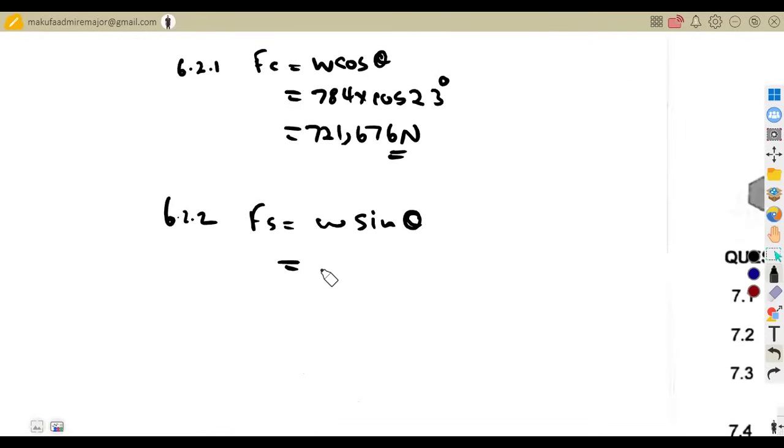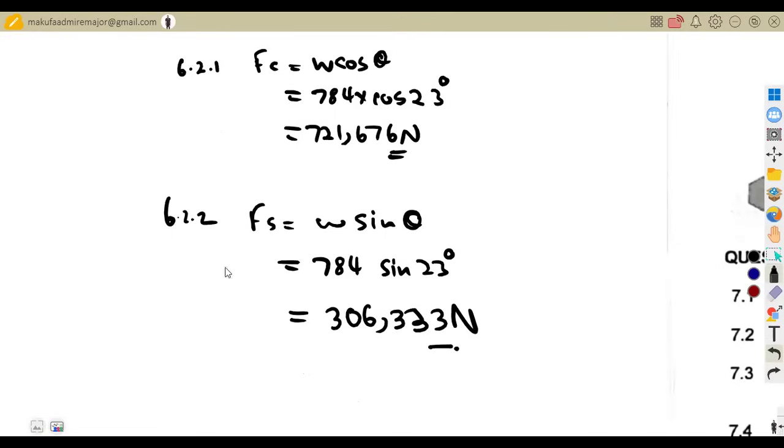So this is 784 times the sine of theta, where theta is 23 degrees. That gives us 306.332, which is 306 Newton. That is the parallel component, or you can write it this way. It's just one and the same thing.